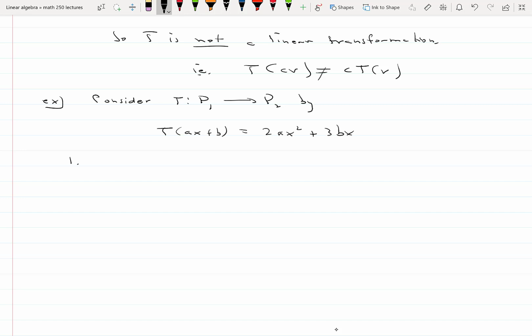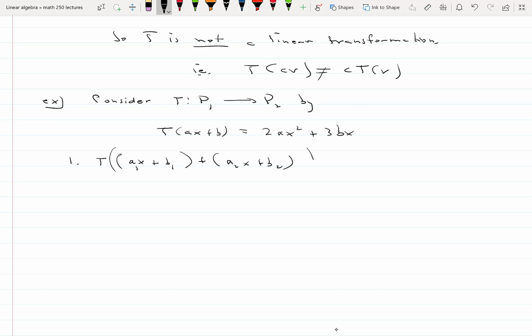Number 1. What does the linear transformation do to U plus V, T of U plus V? So let's see what the linear transformation does with U, A1x plus B1, plus V, A2x plus B2.